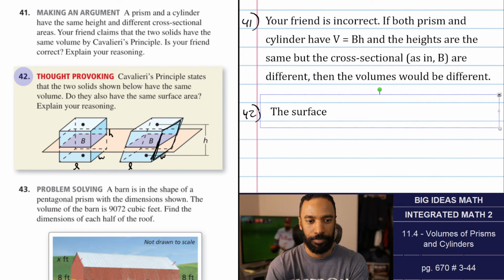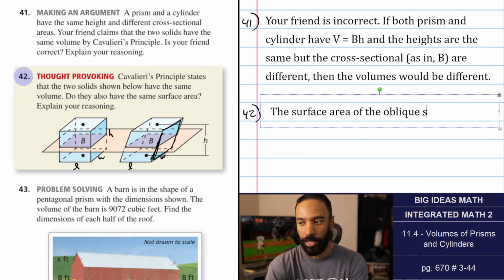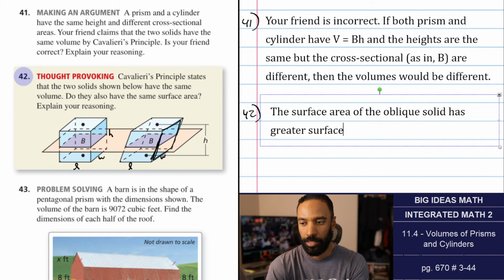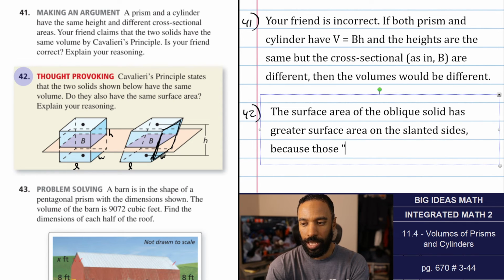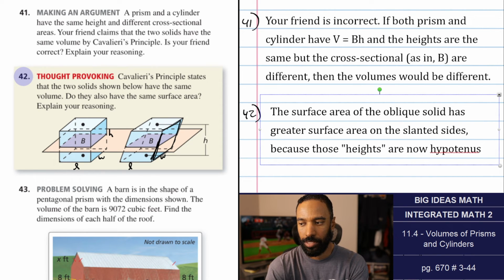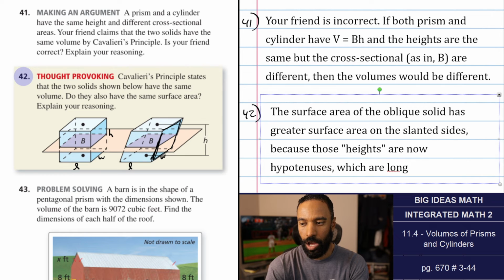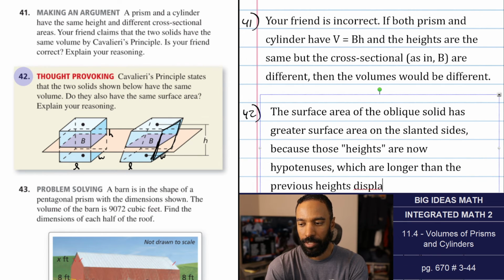The surface area of the oblique prism solid has greater surface area on the slanted sides because those heights are now hypotenuses, which are longer than the previous heights displayed.